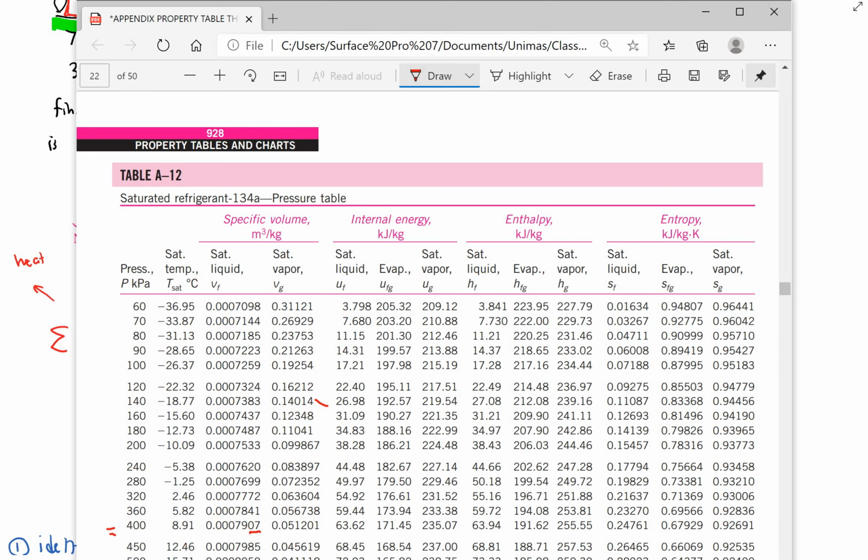So now we go to A12. Here, A12 at 60 kilopascal, for s we take sg, not sf, not sfg, because the question says that it leaves the valve in the form of saturated vapor. So your s2 is 0.96441.